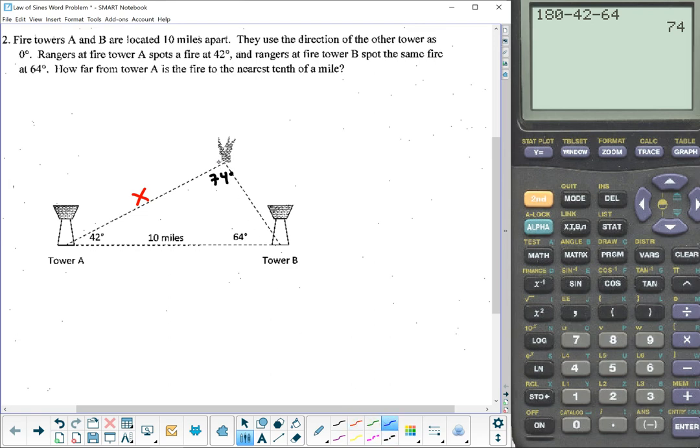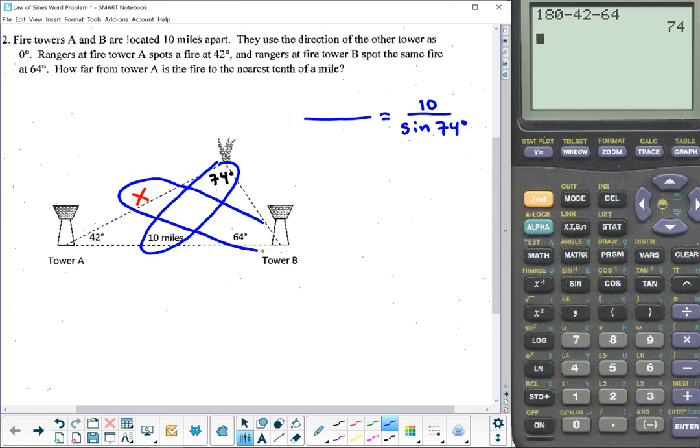Because now we have an angle and its opposite side, I can set that up as 10 over sine of 74 degrees. Remember, we're using the law of sines for this assignment. That's going to be equivalent to the other angle and its opposite side.